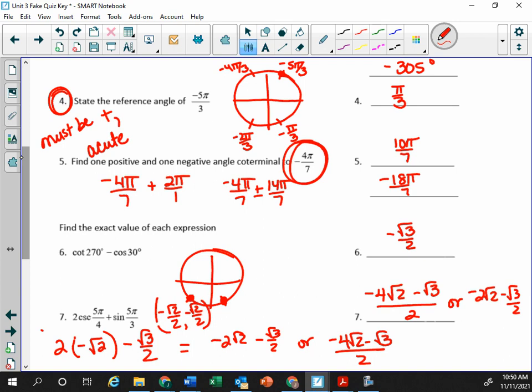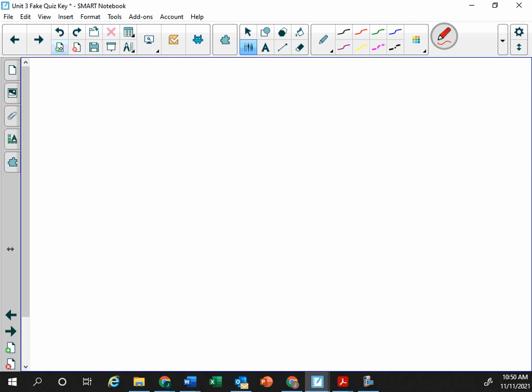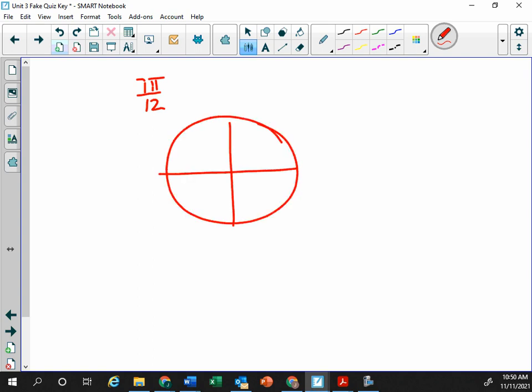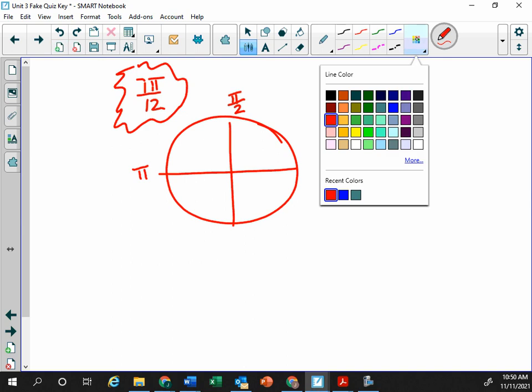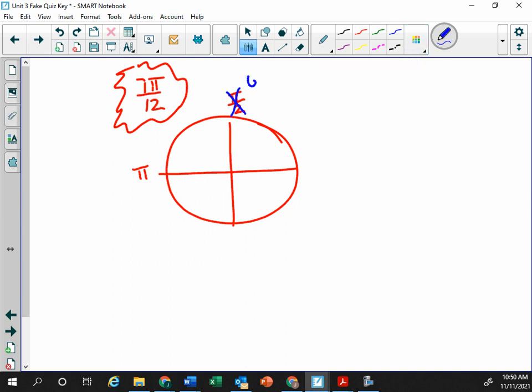If you had ended up with something like 7 pi over 12, and I want the reference angle of that, where is 7 pi over 12, guys? What quadrant is that in? 2. Think through this. This is normally pi. This is normally pi over 2. If I'm thinking of that in terms of something over 12, couldn't this pi over 2 really be 6 pi over 12?